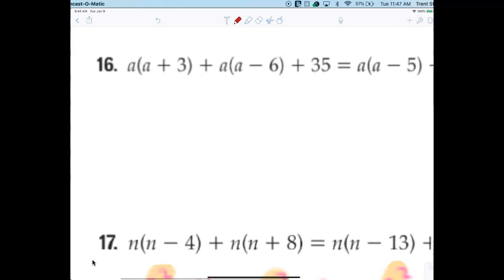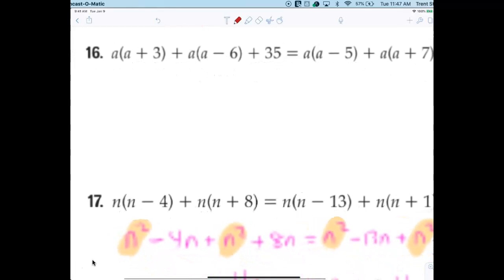Number 16, a little bit harder now. Plus 3a, a to the second. Thank you. Plus 3a. Good.